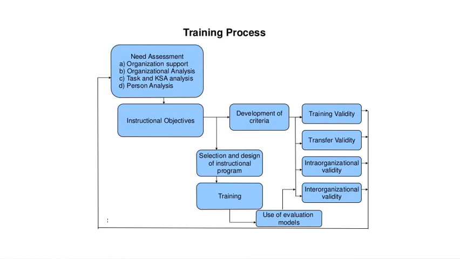And in the same way, inter-organizational validity means whether the same training program can be used in another organization. So these are the 4 levels of evaluation of a training program. This is the whole process of a training program. Mainly there are 4 stages: needs assessment, then design, implementation, and evaluation.